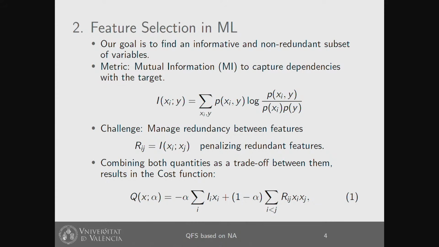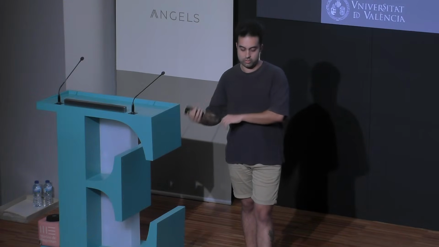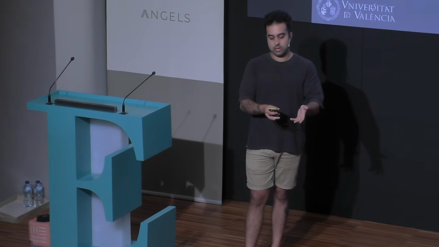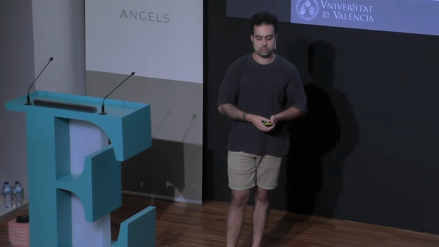Also, we have this redundancy metric that measures how every two features in the data set change and what information is shared between those features. That's why we call it redundancy. This is very important because we are going to encode this cost function in our hardware.